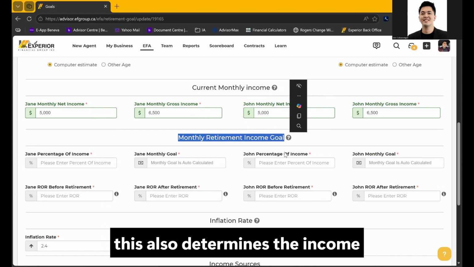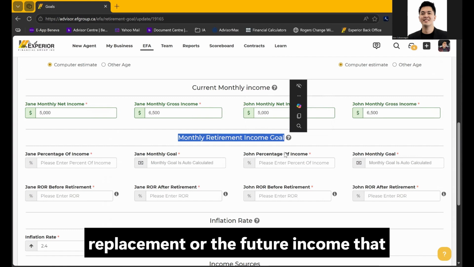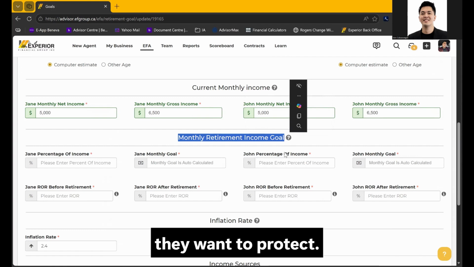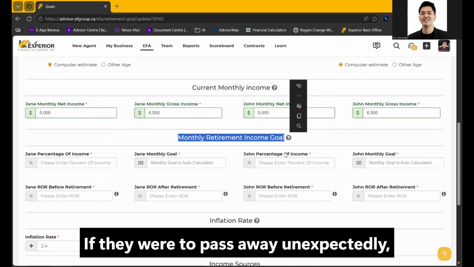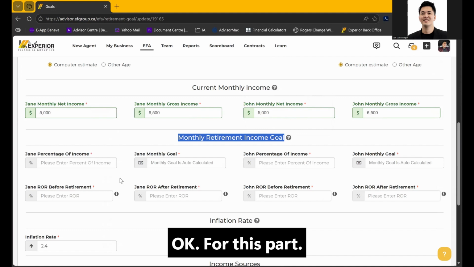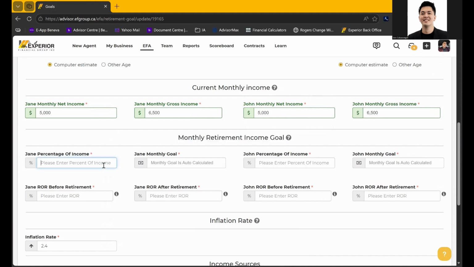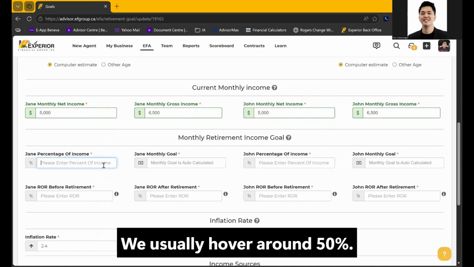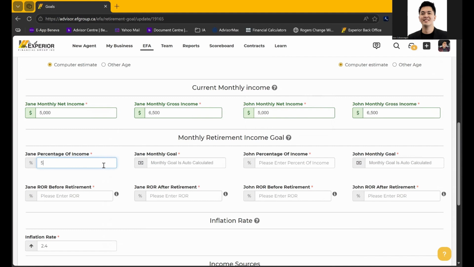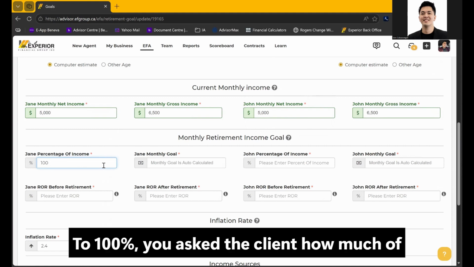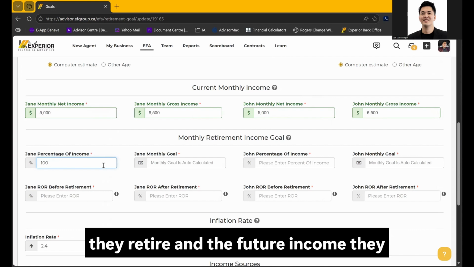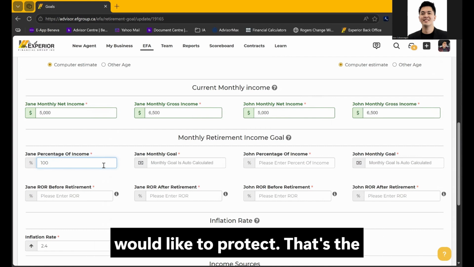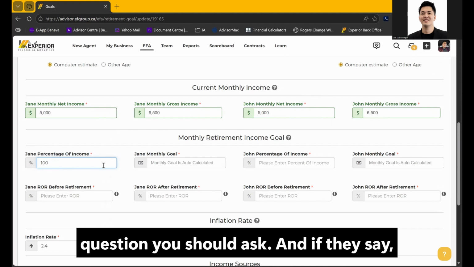But second, this also determines the income replacement or the future income that they want to protect if they were to pass away unexpectedly. Okay. For this part, we usually hover around 50% to 100%. You ask the client how much of the income they would like to expect when they retire and the future income they would like to protect. That's the question you should ask.